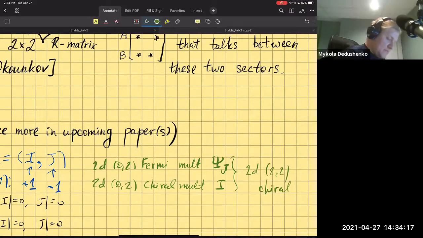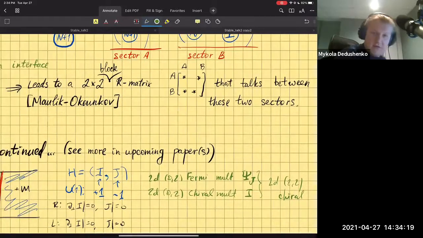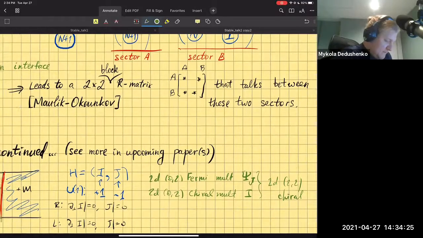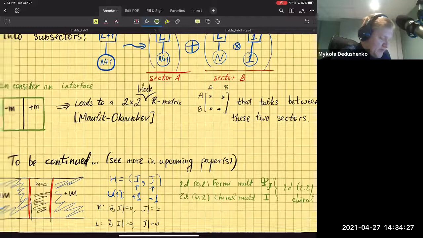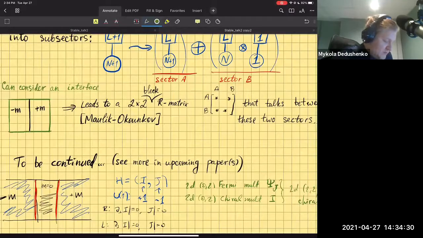I don't know how familiar these notations and this language are, but the point is that in this example, one can actually identify zero modes that survive in this slab between the two red boundaries, subject to these boundary conditions.